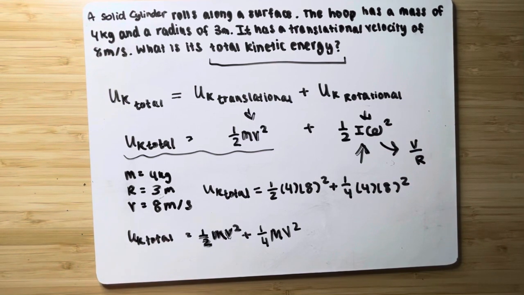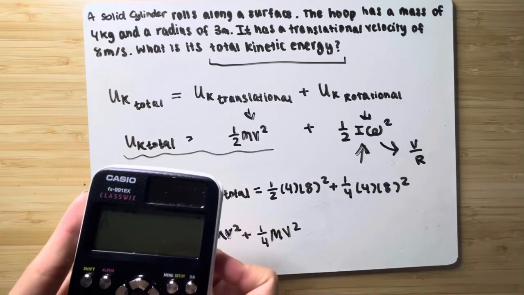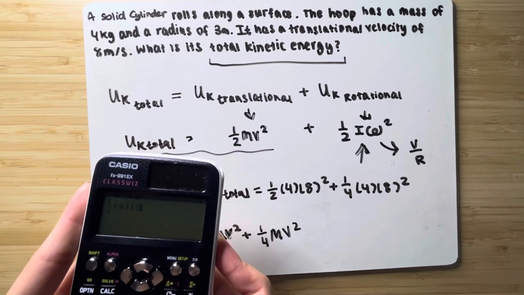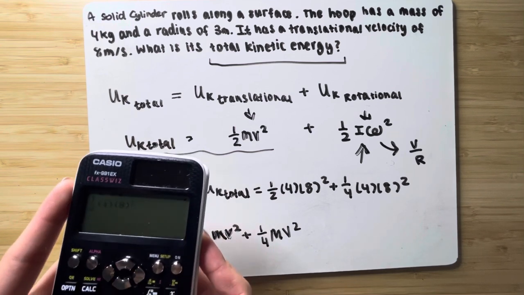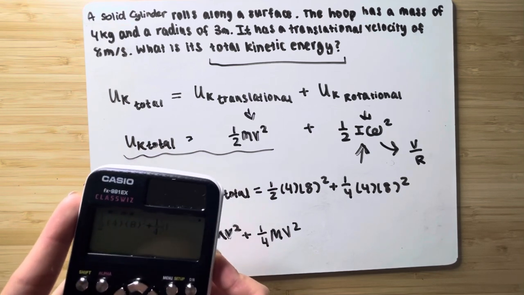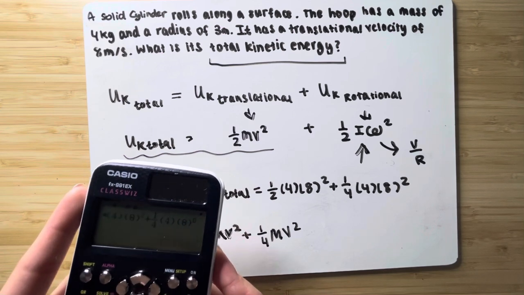Then whip out a calculator. You get 1/2 times 4 times 8 squared plus 1/4 times 4 times 8 squared.